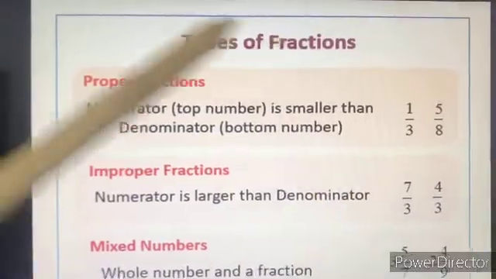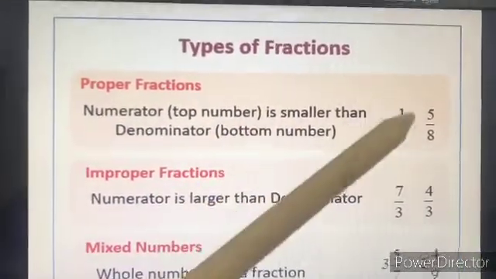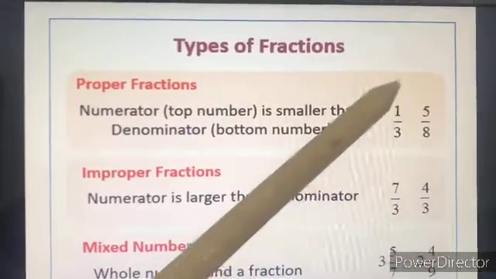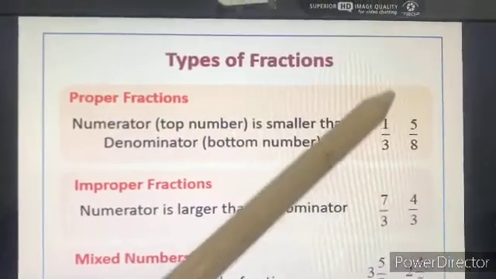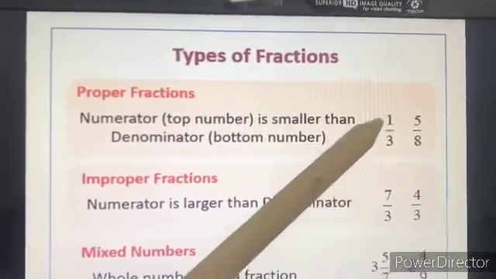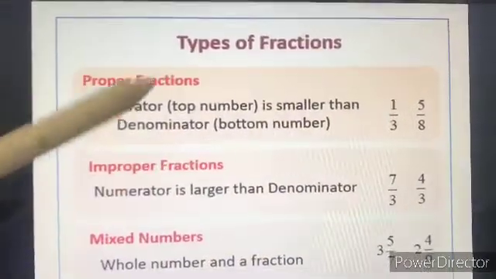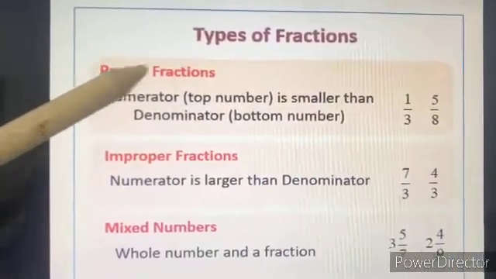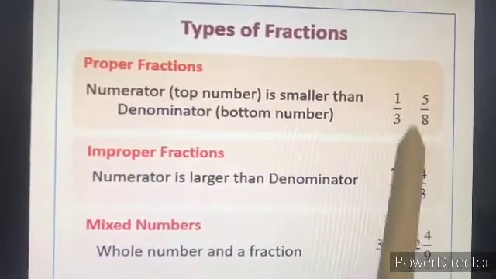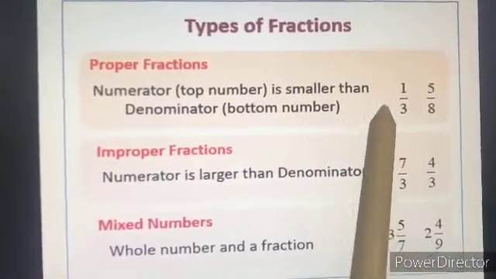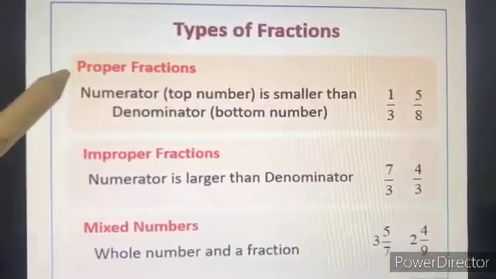It will be a proper fraction, meaning the upper part or the top digit will be lesser and the bottom digit will be greater. That will be the proper fraction. It means the shaded part is less than the total number of equal parts we have.